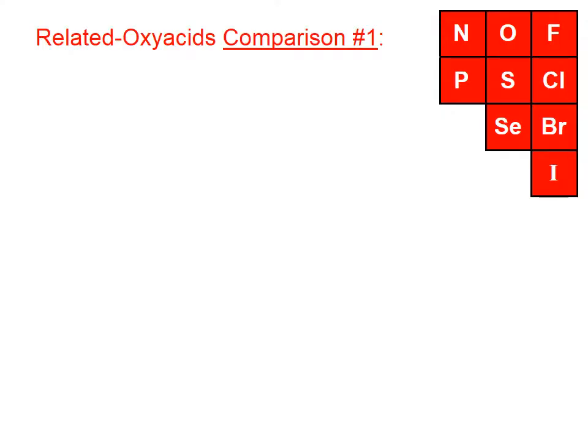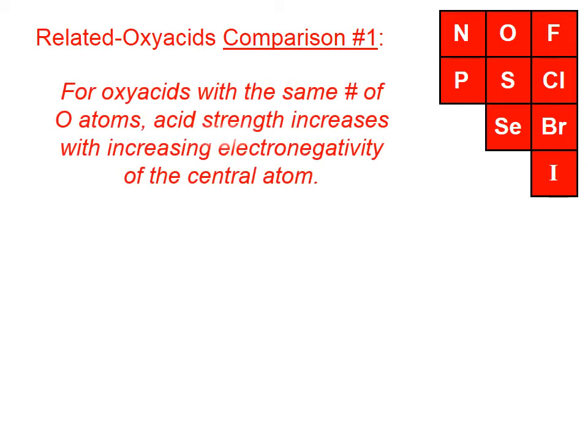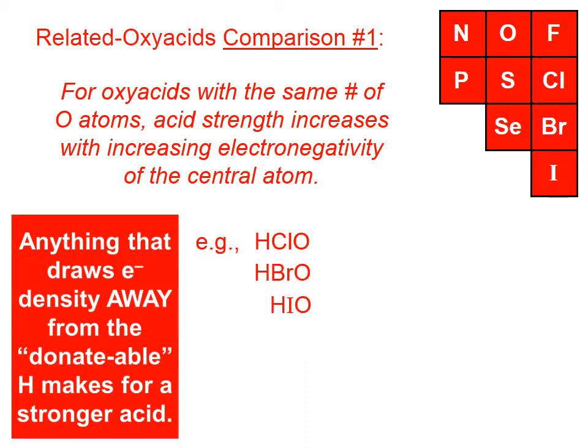Related oxyacids comparison number 1. For oxyacids with the same number of oxygen atoms, acid strength increases with increasing electronegativity of the central atom. Let's decide among these three acids which of them we would predict would be the strongest and which the weakest. And let's refer in the lower left corner, anything that draws electron density away from the donatable H makes for a stronger acid.